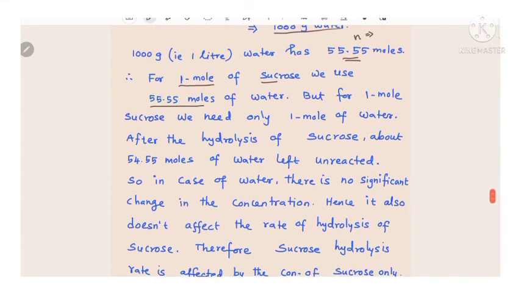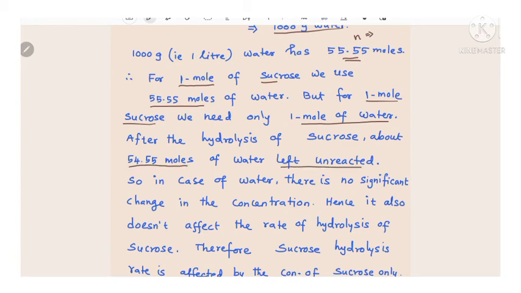But generally 1 mole of sucrose requires only 1 mole of water for its hydrolysis. So when we use 55.55 moles of water, only 1 mole of water will be utilized for the sucrose hydrolysis, isn't it? So after the reaction is completed, 54.55 moles of water are left unreacted.